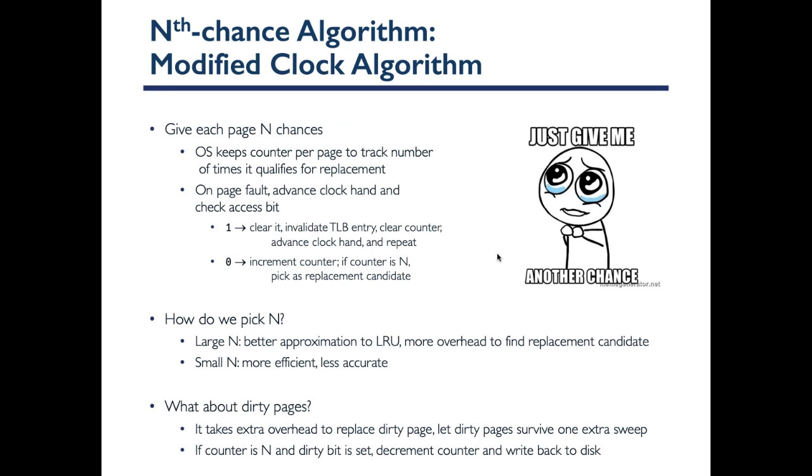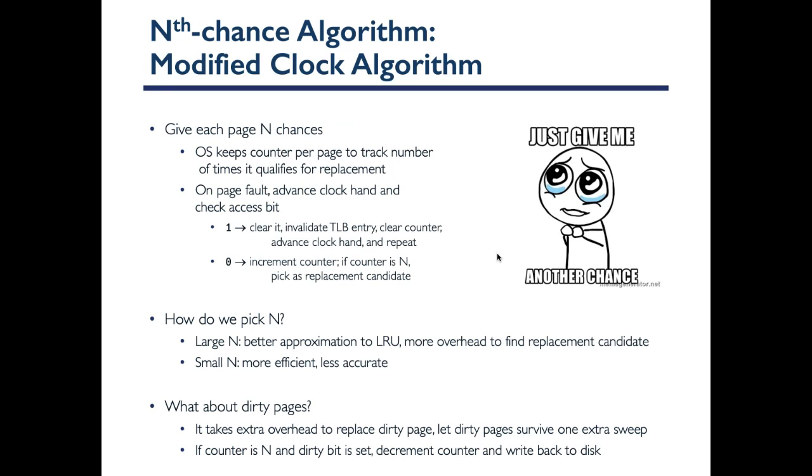What about dirty pages? So far, with both the clock algorithm and the Nth-chance algorithm, I only talked about the access bit. Now, you could imagine situations where your candidate is a dirty page, which hasn't been accessed for a while, but it's dirty, meaning that the data inside it is modified.